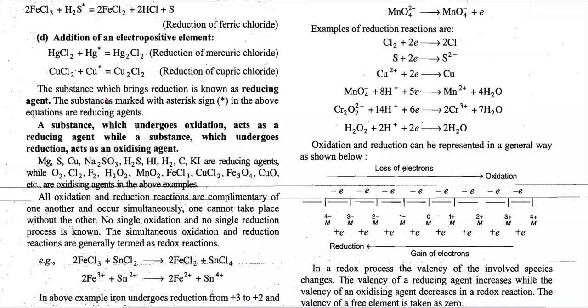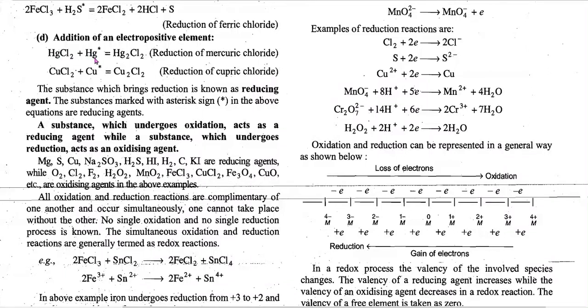So we say a substance which undergoes oxidation itself acts as a reducing agent, while a substance which undergoes reduction acts as an oxidizing agent. Here Hg is causing reduction of mercury chloride.